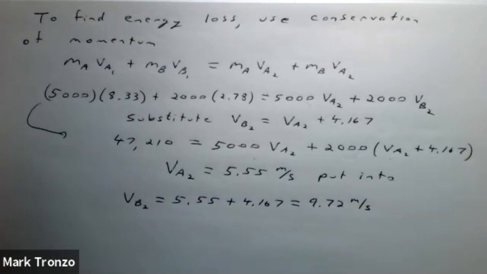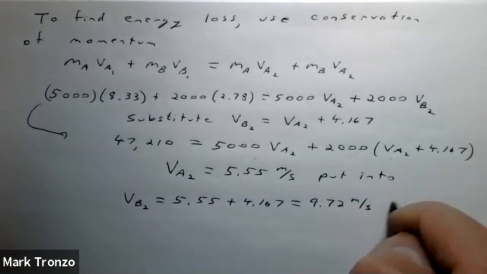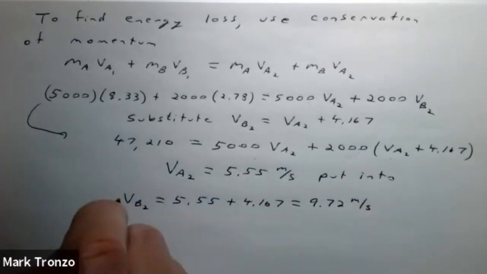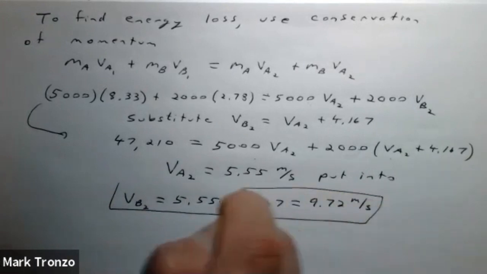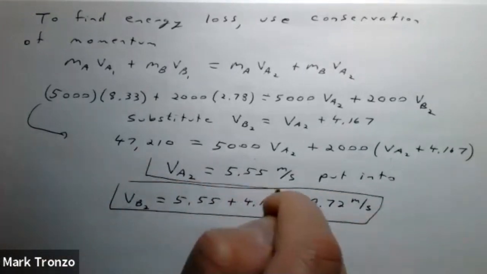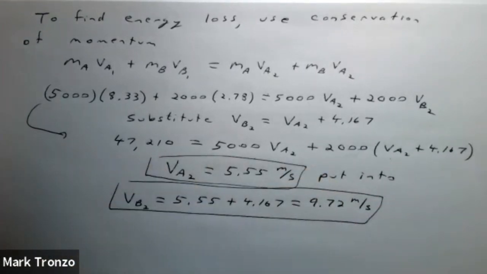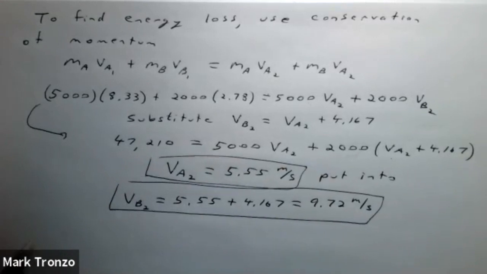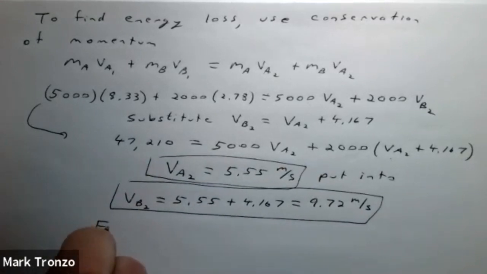So now we need to find these again. Of course those are both positive, so they're both going to the right. We need to find those so that we can find the energy loss.